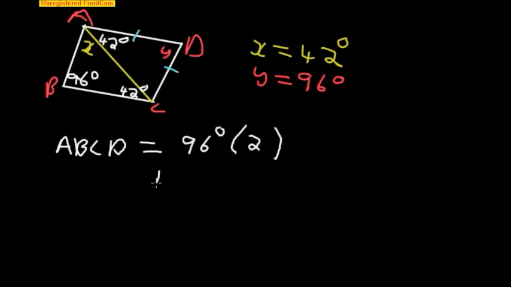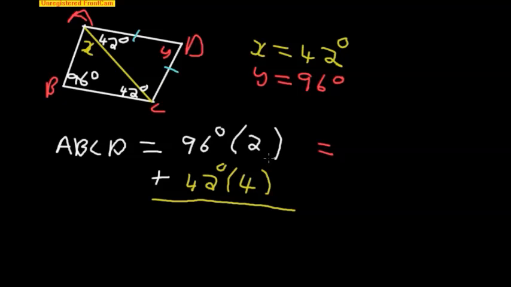Then we can also add our 42 degrees, and we know there are 1, 2, 3, 4 42 degree angles. So if we add all of that, we will obtain, let's see, what's 96 times 2?